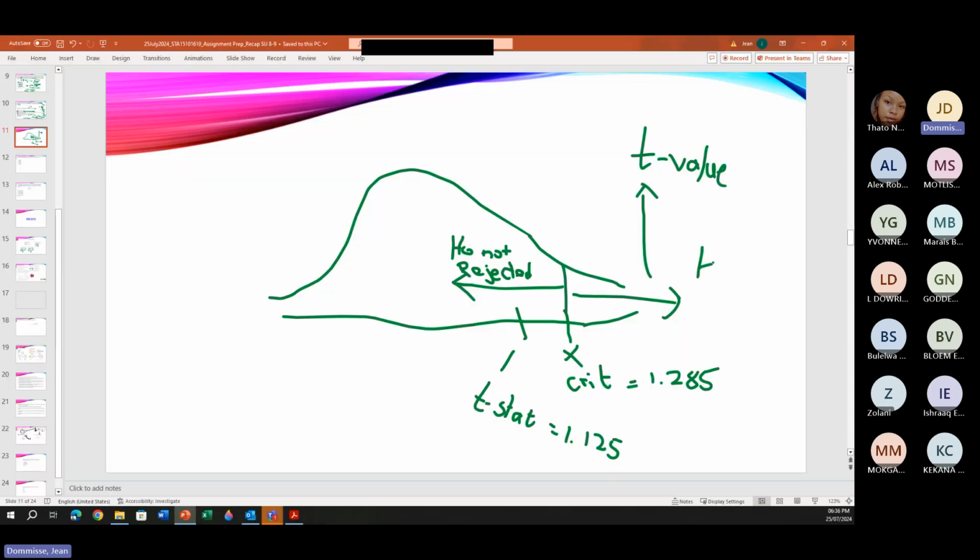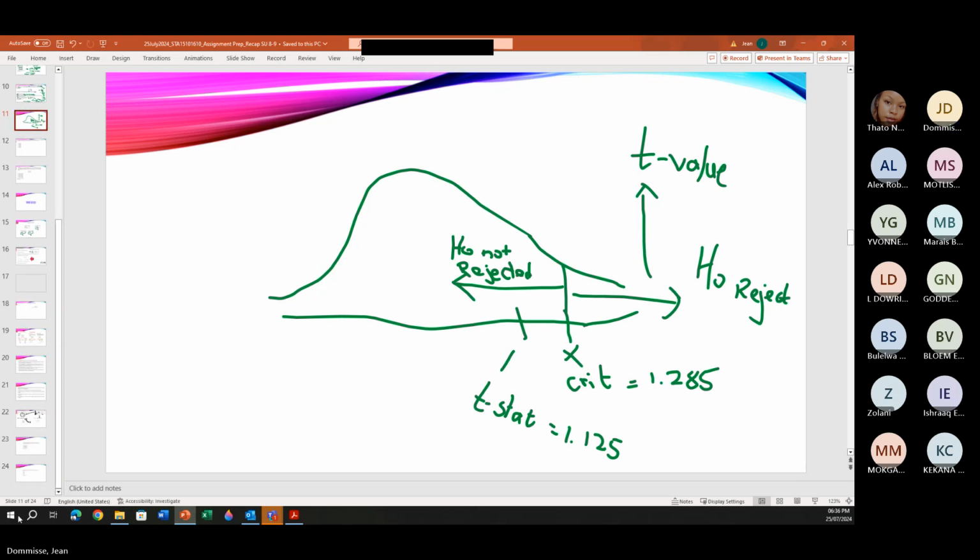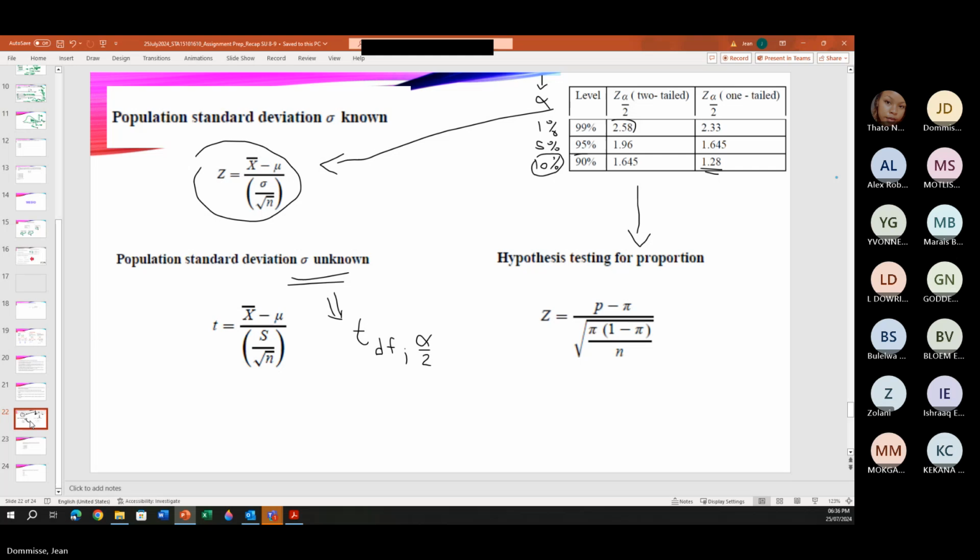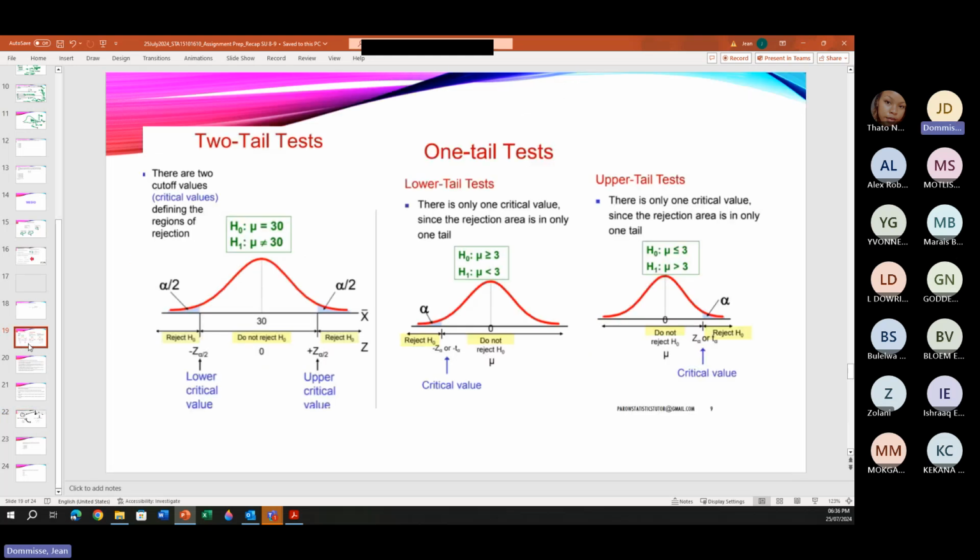Okay, let me just quickly get to that one again. So if it falls within, it is not rejected. If it falls outside it, you will reject the null hypothesis. So this is actually a nice one on the slides to reference as well.